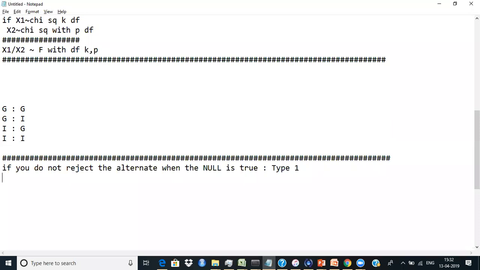And if you do not reject the null when the null is actually false, it is known as type 2 error. So in layman language, type 1 is rejecting the null hypothesis when it is true. Type 2 is accepting the null hypothesis when it is false.